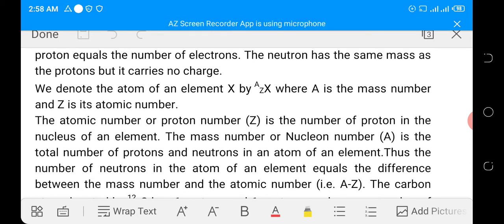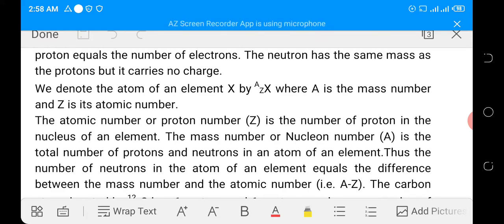The atomic number, which is also known as the proton number Z, is the number of protons in the nucleus of an atom, while the mass number or the nucleon number A is the total number of protons and neutrons in the nucleus of an atom.